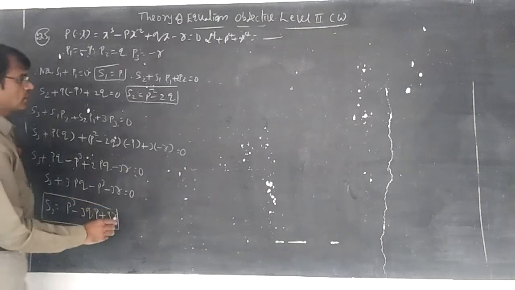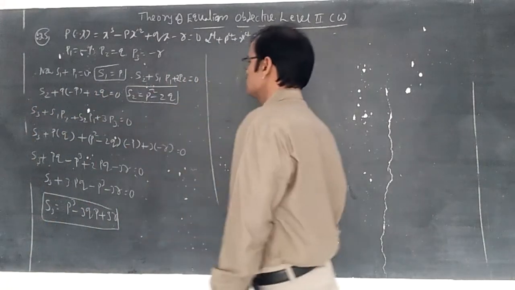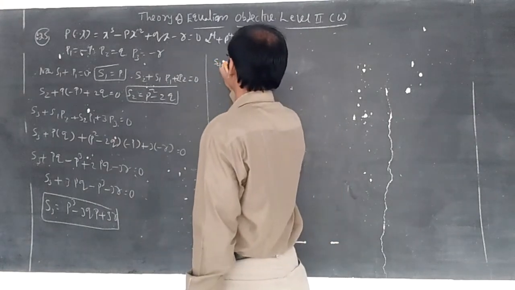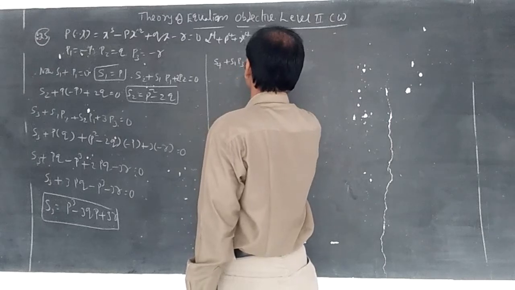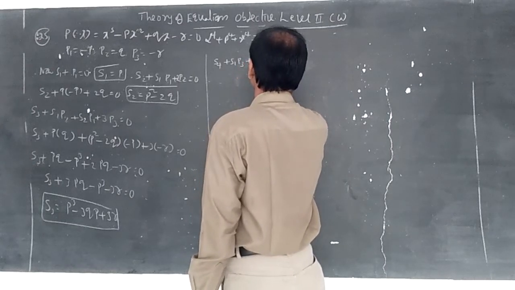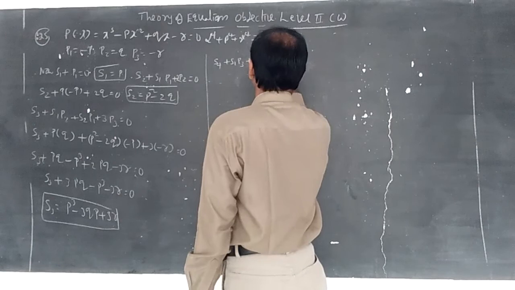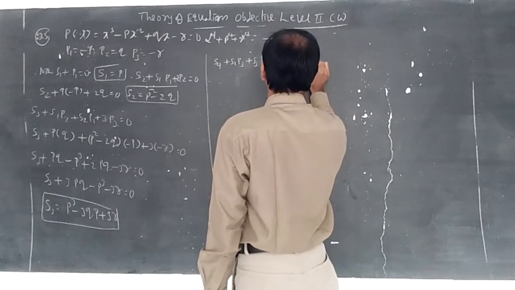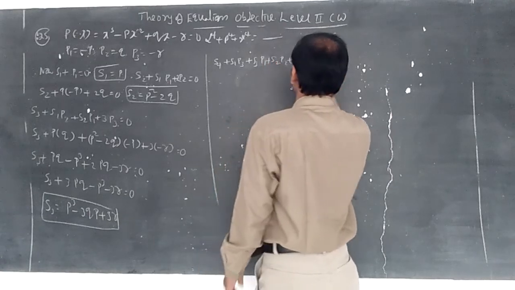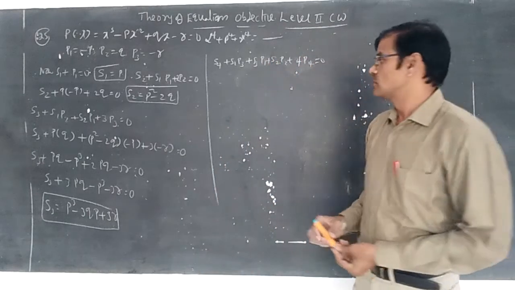Now we need to calculate S4. S4 plus S1P3 plus S3P1 plus S2P2 plus 4P4 equal to 0.